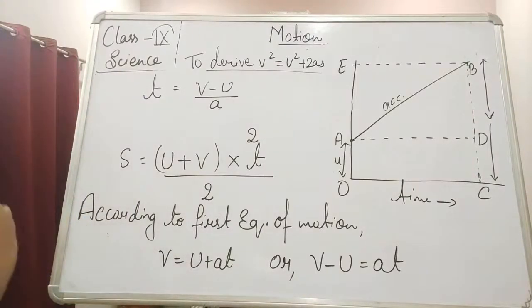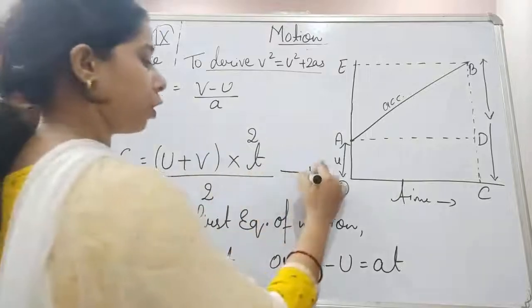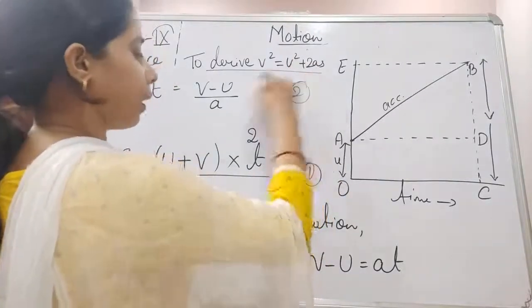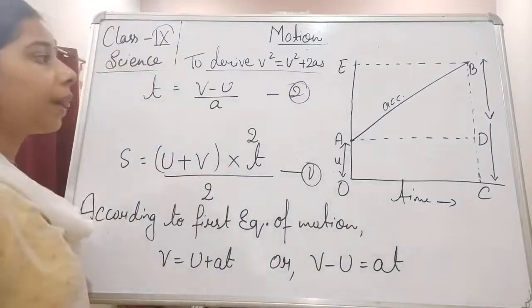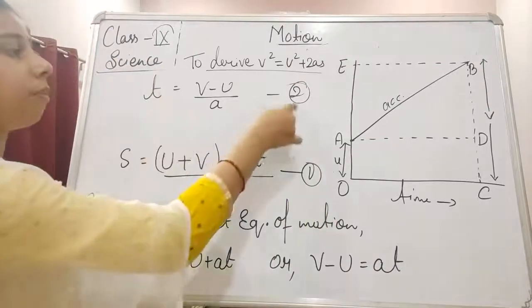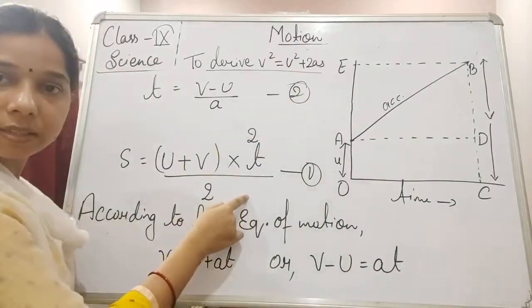Suppose this is the first equation, so this will be the second one. So we will put the value of t from the second into the first.